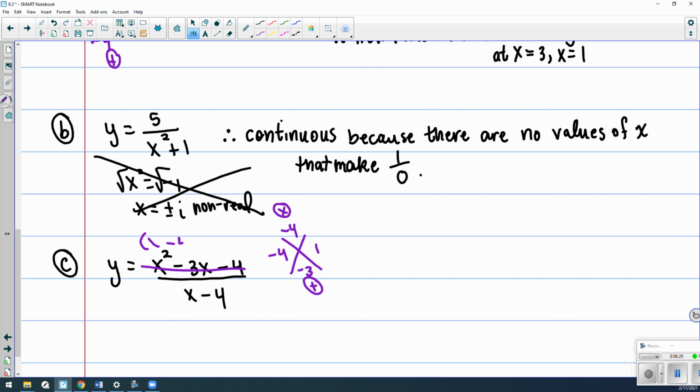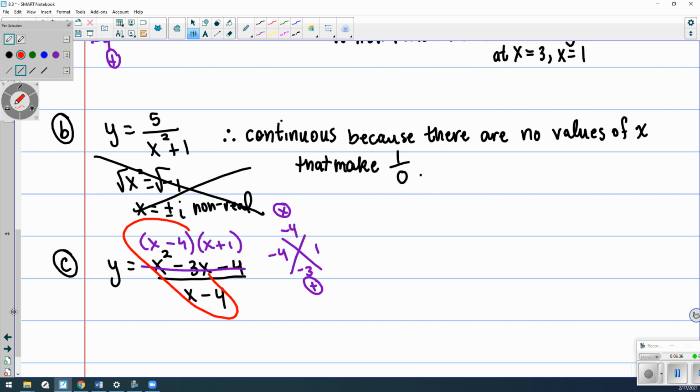So x minus 4, x plus 1. Okay, I like that. This is an interesting situation. I have these x minus 4s, and these x minus 4s technically cancel out. So x equals 4 is a point of discontinuity because I canceled out x minus 4.